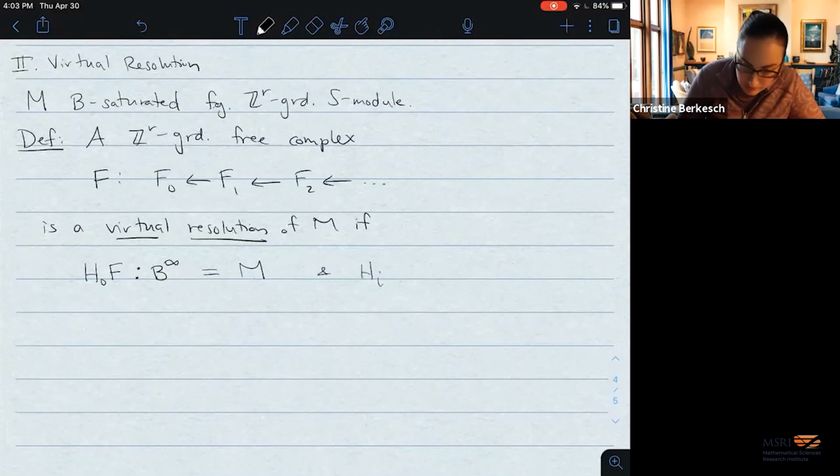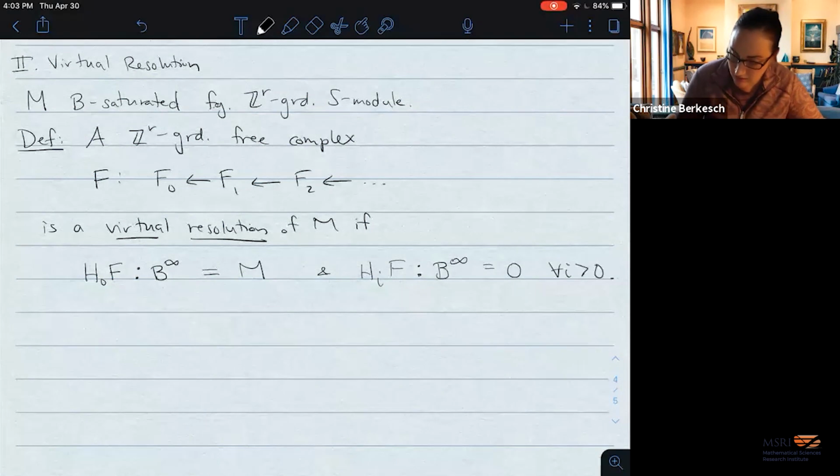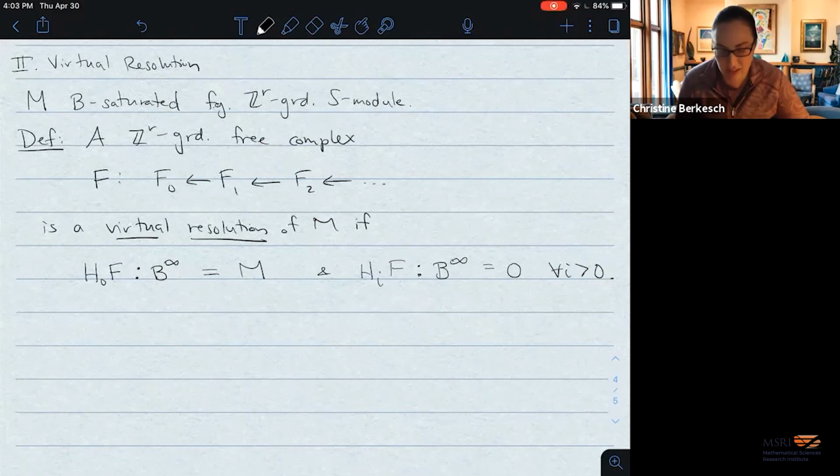And then for higher homology, I only want to have this irrelevant homology. So only homology that corresponds to this irrelevant locus is allowed. So we're relaxing the condition of being acyclic by allowing ourselves to have this extra homology that's supporting this ideal that geometrically is irrelevant.